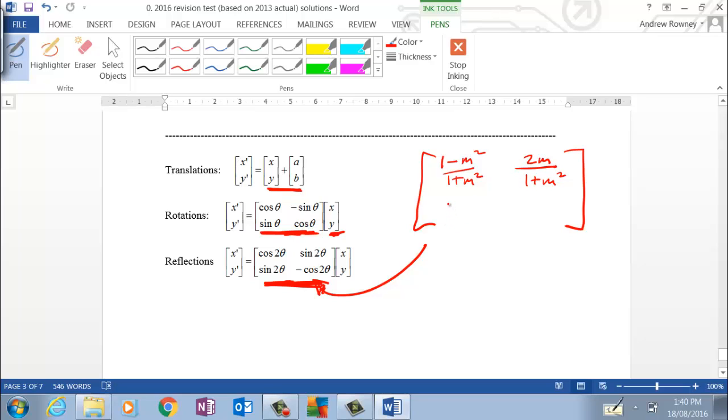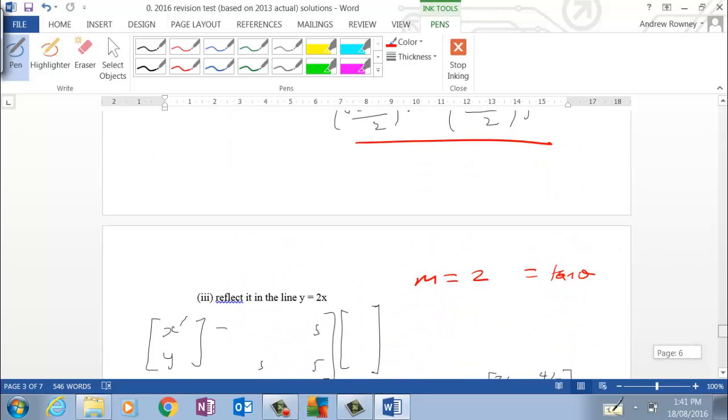So that means that this one is also the same, and this one here is the negative of that one on the top left. So that is the equivalent matrix to this one here. So you can use it in terms of slopes m rather than in terms of angles theta.